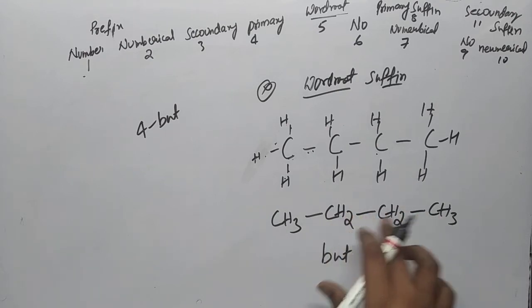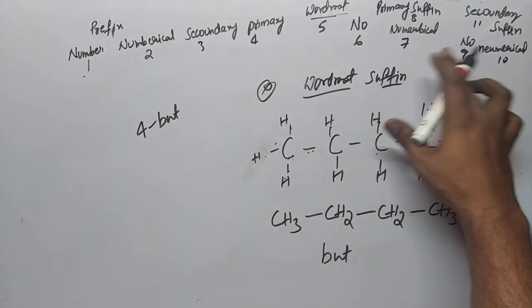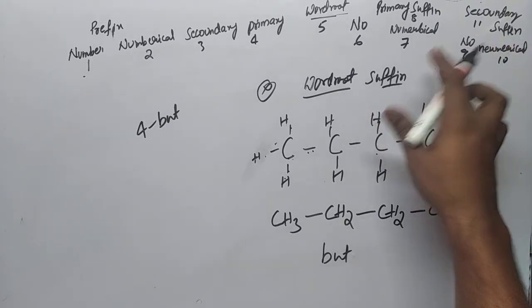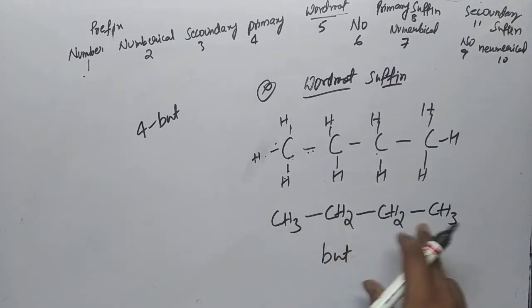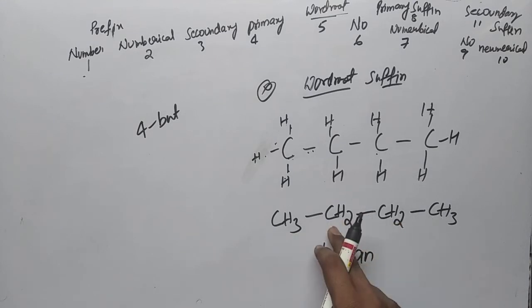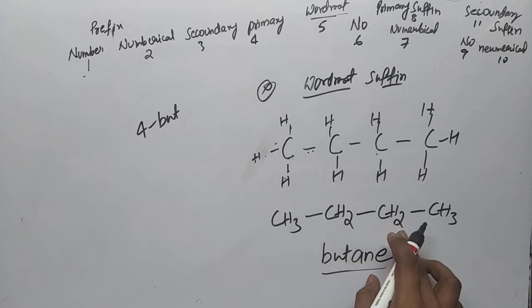Whenever all are single bonds, we won't have a primary prefix; here we have a primary suffix and a secondary suffix. Because all the bonds are single, we write AN, and the bond between hydrogen and carbon is written as secondary suffix E. So this is the name of this compound, butane.